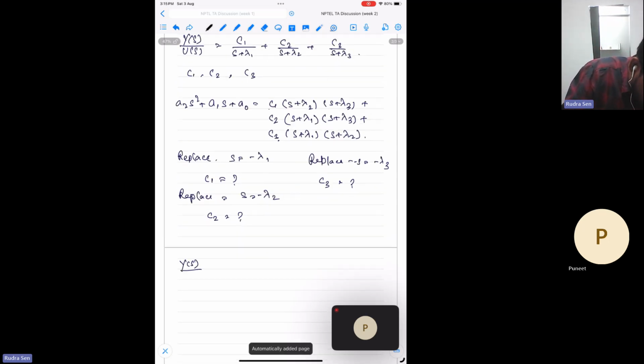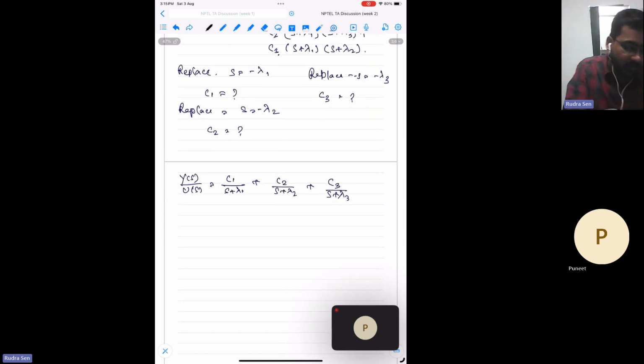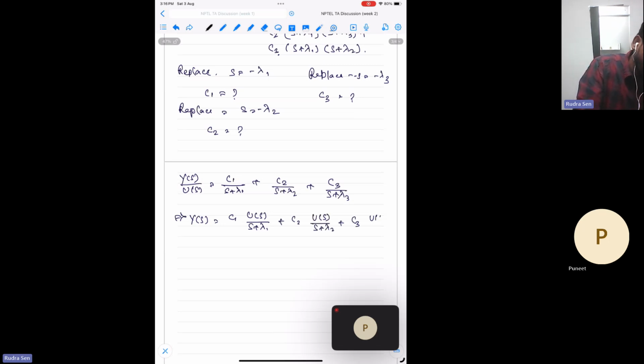Then you replace those values over here: C1 by s plus lambda 1, C2 by s plus lambda 2, and C3 by s plus lambda 3. You put the values of C1, C2, C3, then do the cross multiplication. What do you get? C1 U(s) by s plus lambda 1 plus C2 U(s) by s plus lambda 2 plus C3 U(s) by s plus lambda 3.